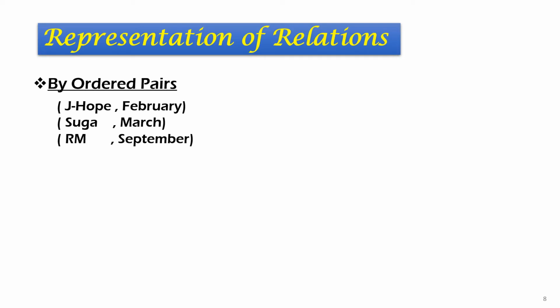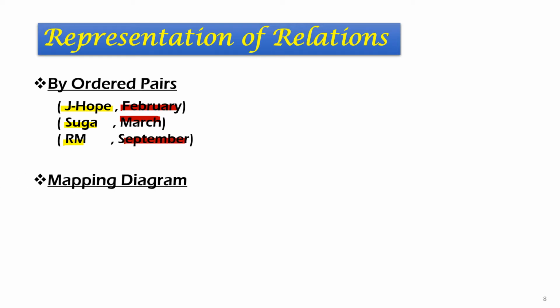So, that is an ordered pair. So, what are the X values here? The X values are J-Hope, Suga, and RM. On the other hand, the Y values here are February, March, and September.